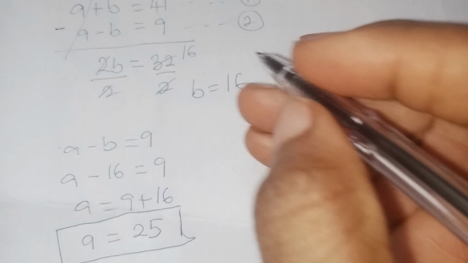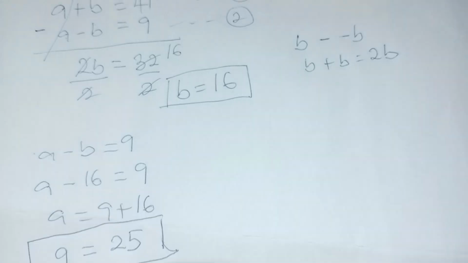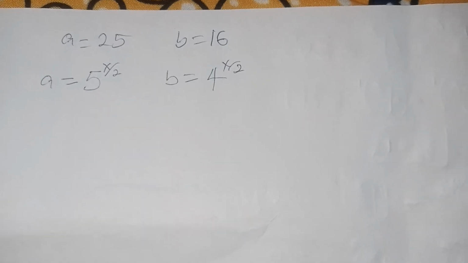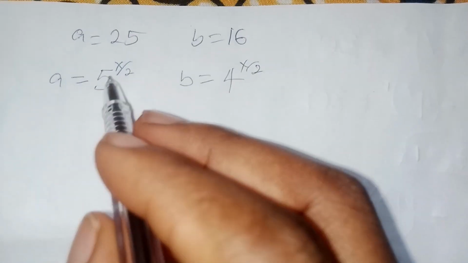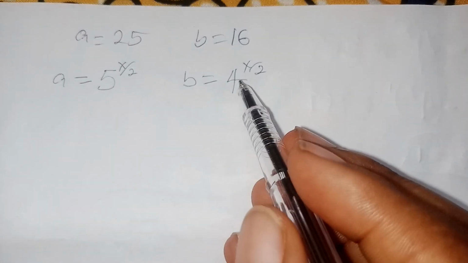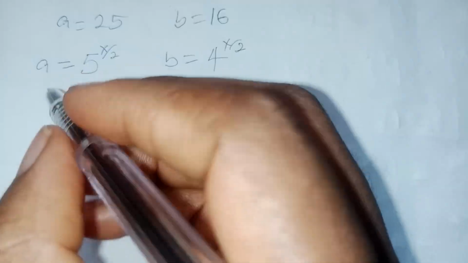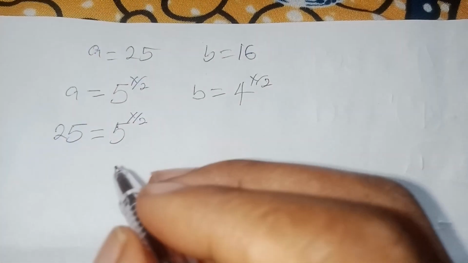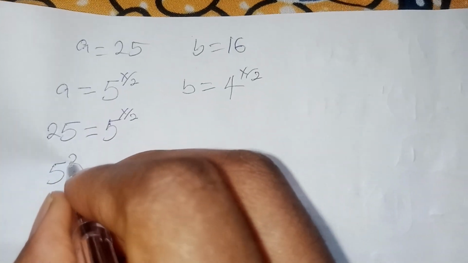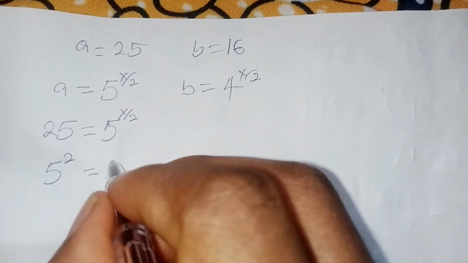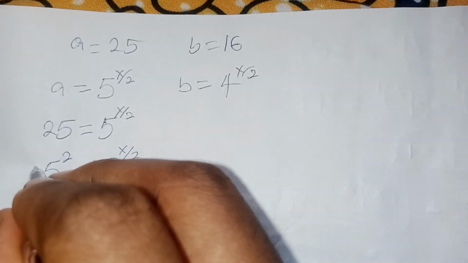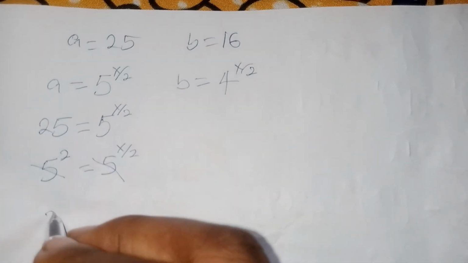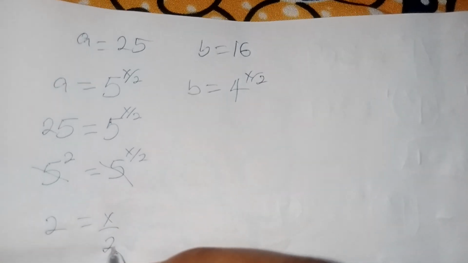Alright, so we have the value for A and B. Makes the work even easier. So remember, our A is 5 to the power of x over 2 and our B is 4 to the power of x over 2. So let's substitute for A, and we have this. So 5 raised to power 2 and 5 to the x over 2. This goes, okay? So we have 2 equals x over 2.